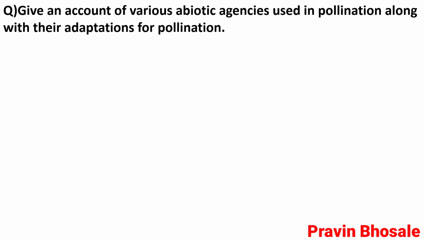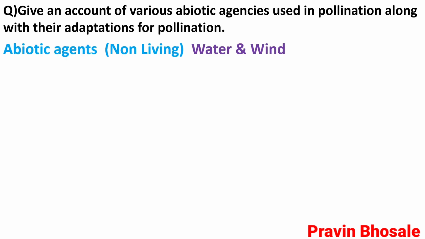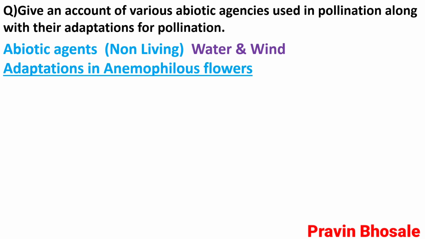Give an account of various abiotic agencies used in pollination along with the adaptations for pollination. Abiotic agents are non-living, that is water and wind. Adaptation in anemophilous flower. Here pollination is done by wind.